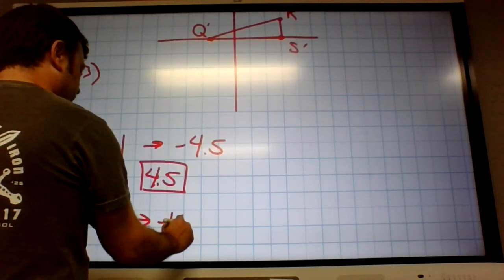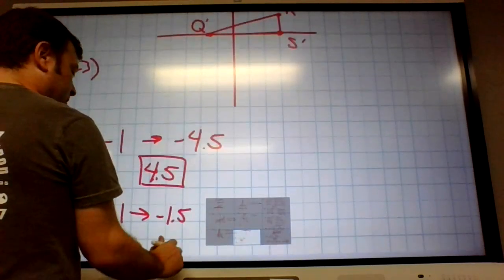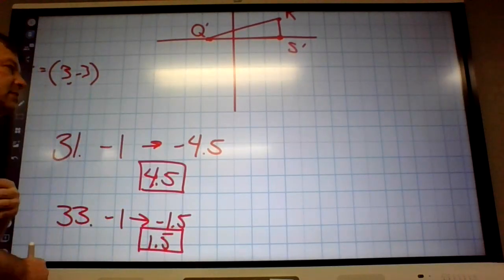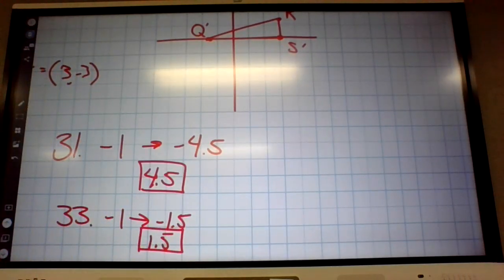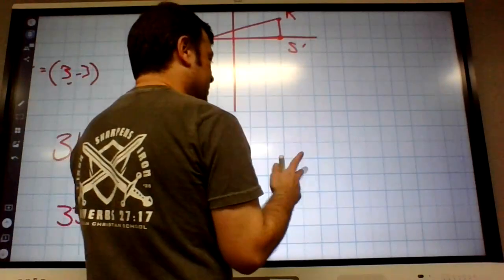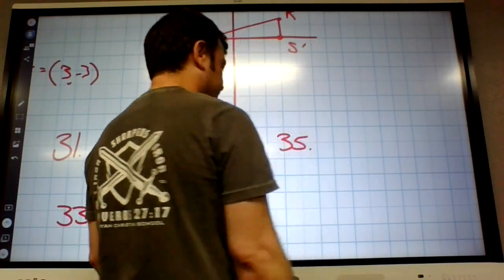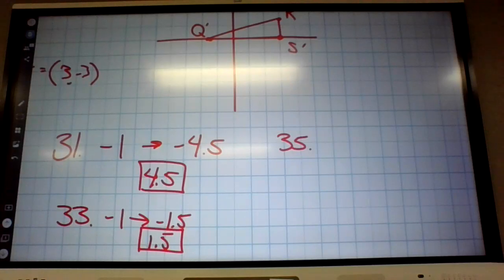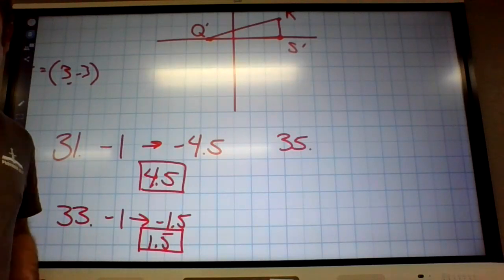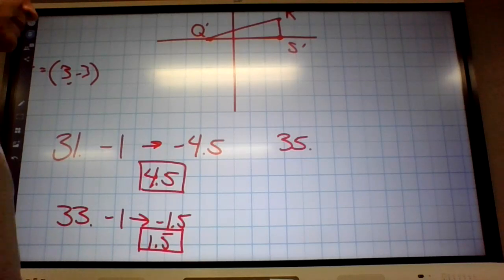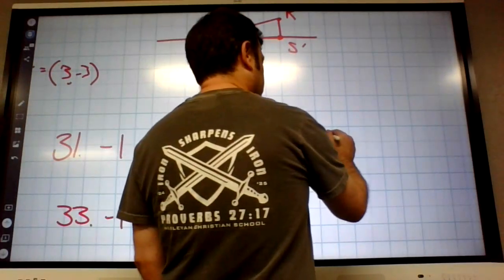So we must be multiplying by 1.5. There are no negative dilations on this, although it would kind of make sense. It'd be like expanding and rotating 180 at the same time. All right, 35. Last one, I guess. We're going from -1 to -2.5. So they must be multiplying by 2.5.